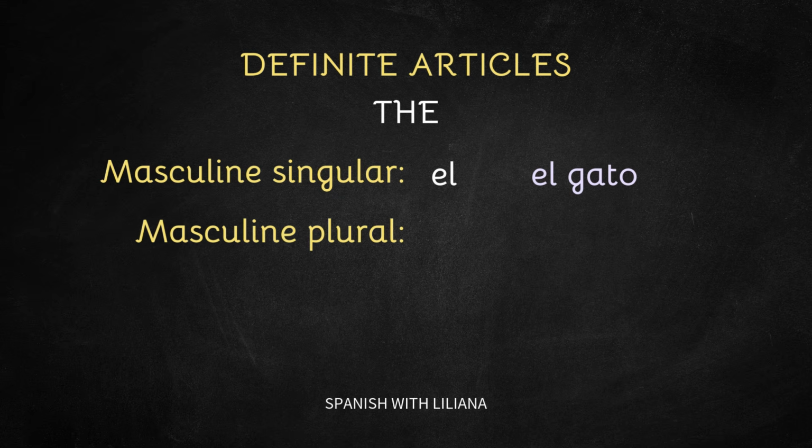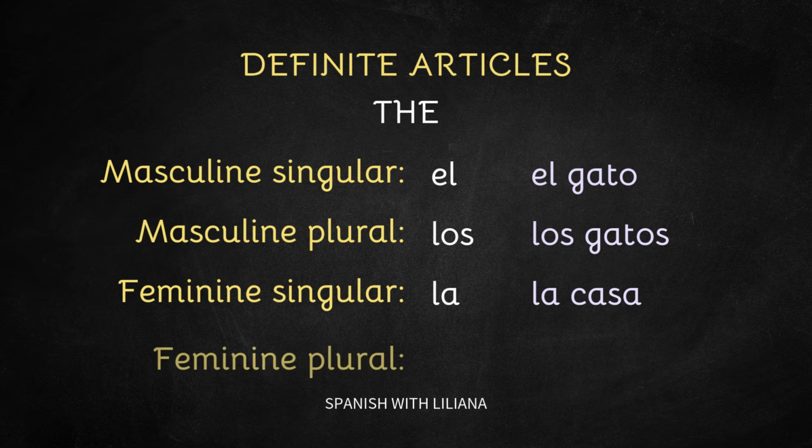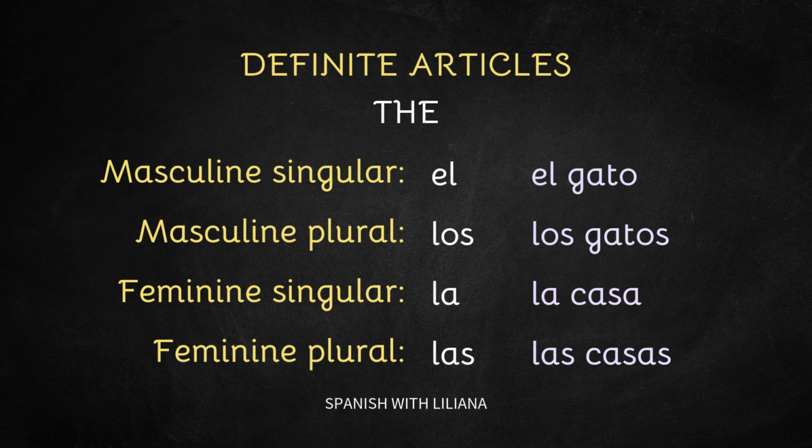But for plural, we're going to use los gatos, the cats. And for feminine singular nouns, we use la casa, the house. And in plural, we'll use las casas. So we have to use the corresponding article to the noun based on gender and number.